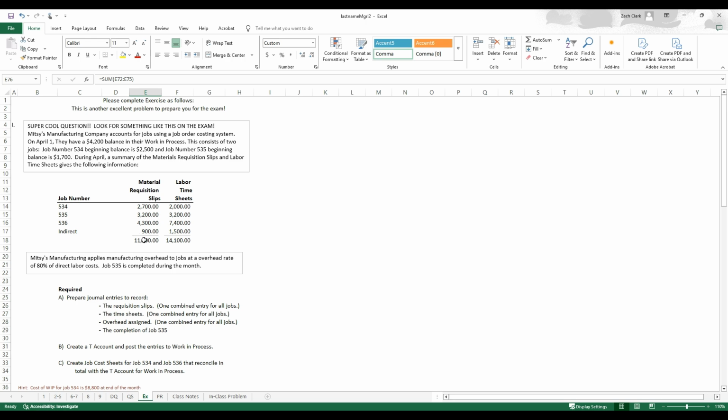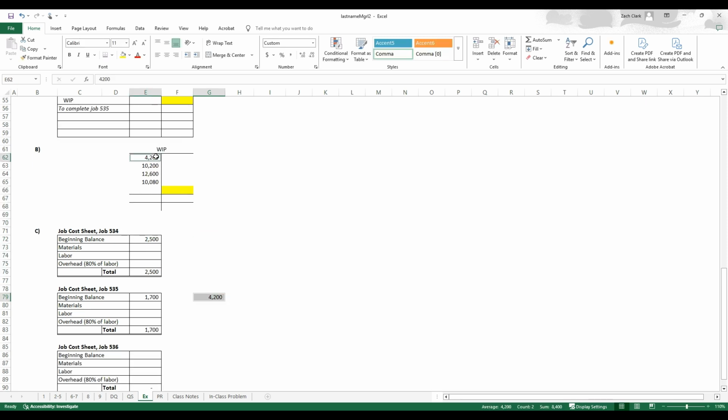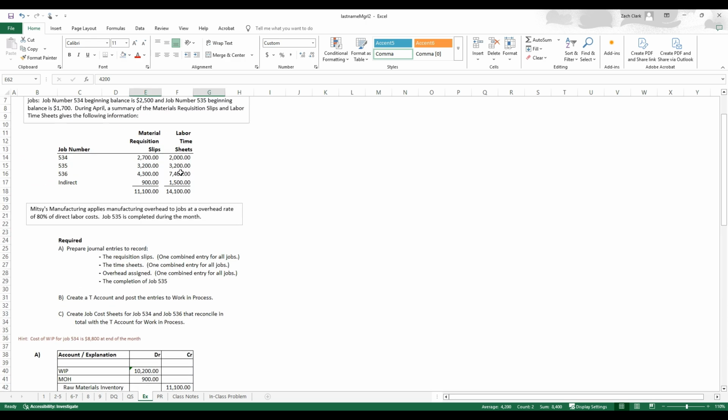Job number 535 was 1,700. Just as a check, remember this is the 2,500, so our two beginning balances were 4,200, which you can check agrees to the beginning balance that it showed for us in WIP.